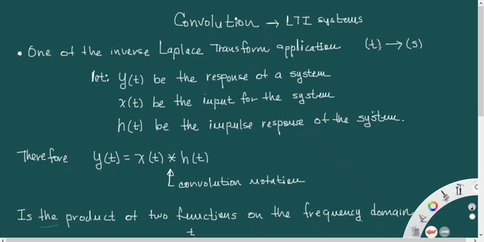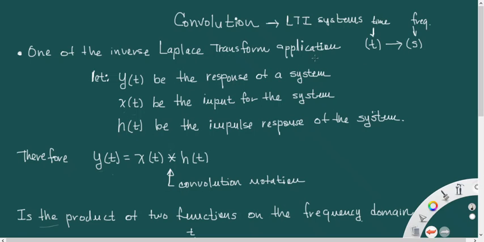We did a lot of work with functions f of t, x of t, and we transformed those to 1 over s, 1 over s minus a, all of them part of the s domain. So this is the time domain, and this is the frequency domain.